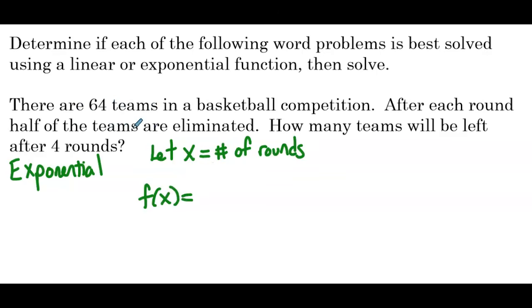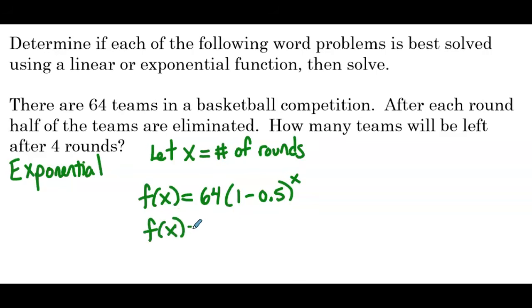So 64 is the initial number of teams, so that's our coefficient. To figure out the base of the exponential function, we have 1 plus or minus, well, we're eliminating teams, so 1 minus. And half of the teams are being eliminated, so we're decreasing by 50% each round. Okay, so 50% decimal equivalent is 0.5 to the x.